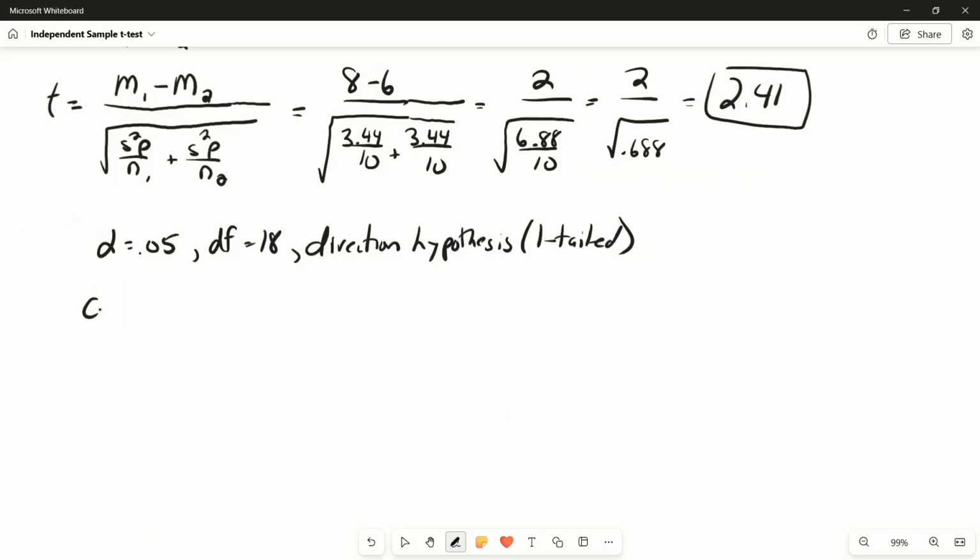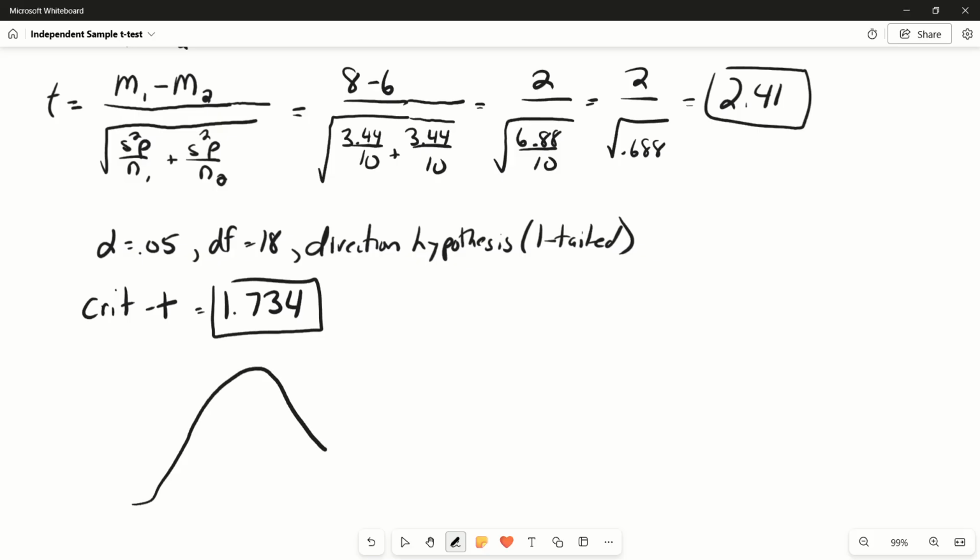So our critical T is equal to 1.734. Now we compare our obtained T to our crit T. You can even draw the curve if you want. It's not a really great curve here, but we know zero's in the middle. We know that 1.734 is approximately here.